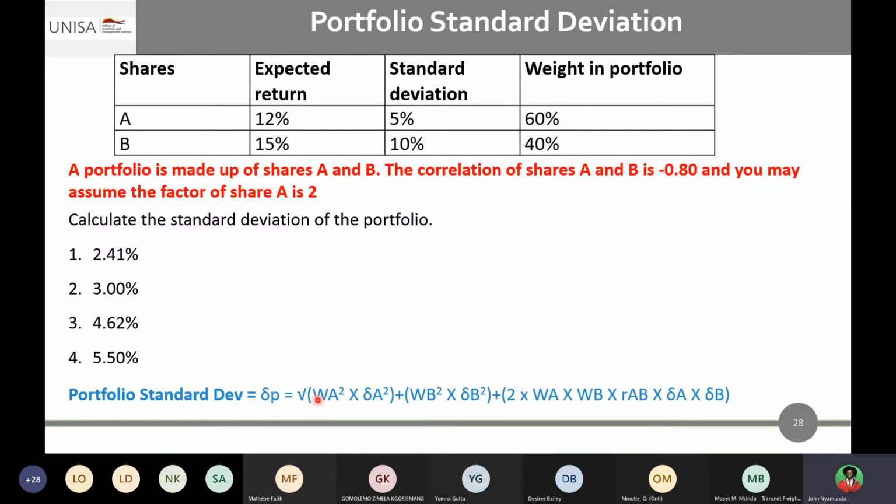The formula for portfolio standard deviation is the square root of weight A squared times standard deviation A squared, plus weight B squared times standard deviation B squared, plus 2 times weight A times weight B times correlation AB times standard deviation A times standard deviation B.